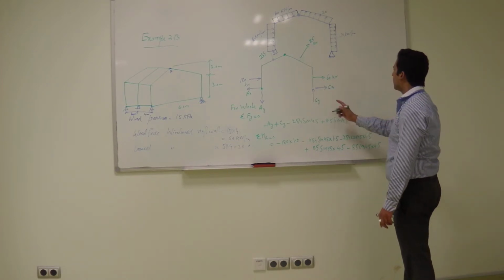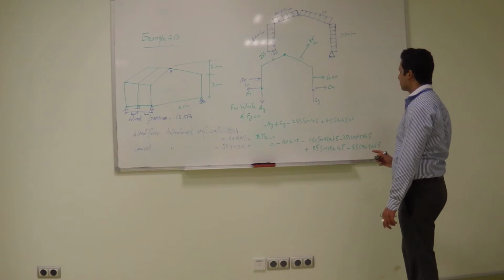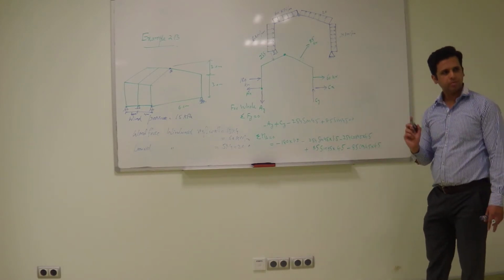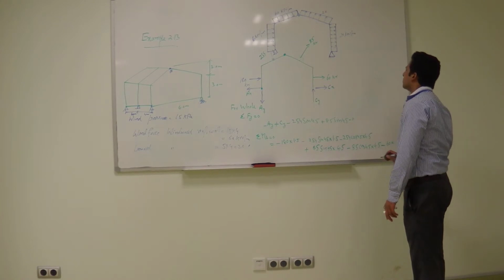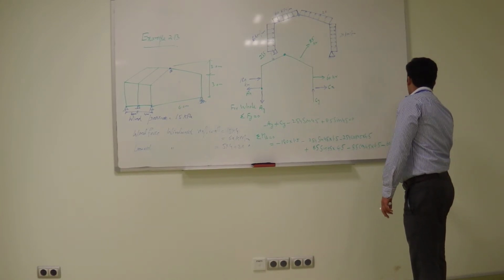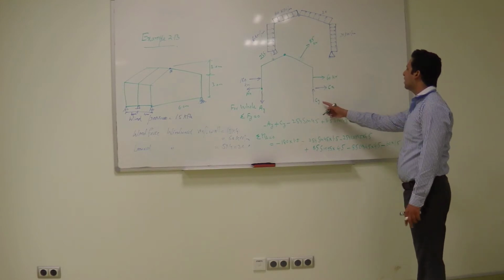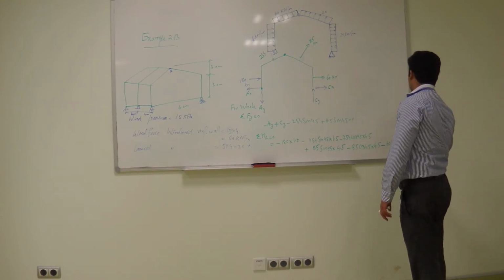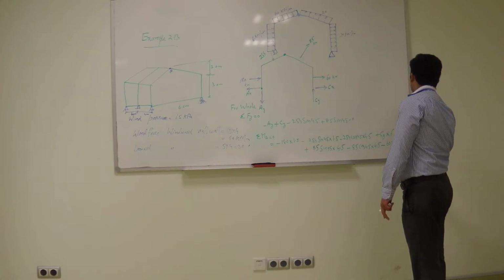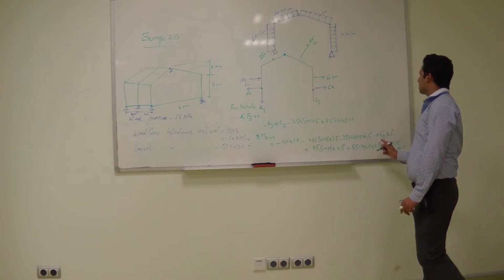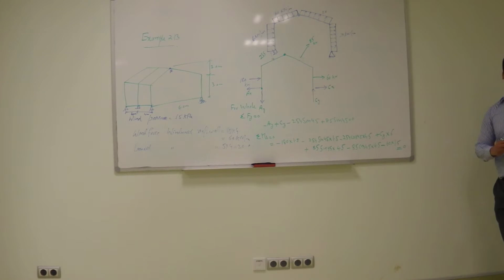And now this 60: minus 60 into 1.5. And what about CY? Plus CY into 6 is equal to 0. So in this equation, only CY is unknown, so please find CY.